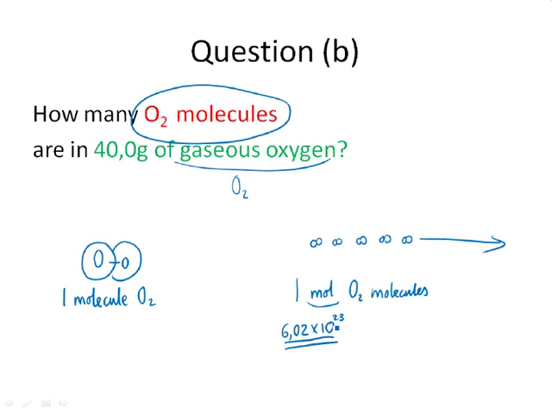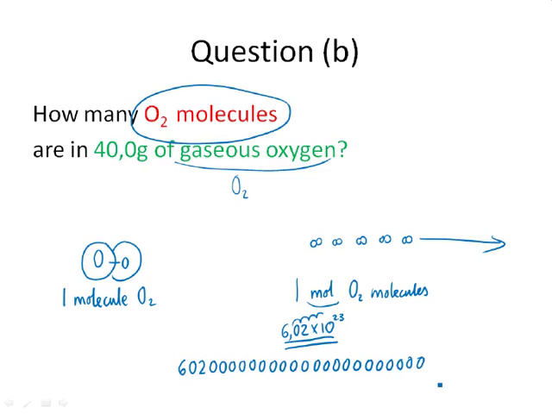Remember that multiplying by 10 to the power something shifts the comma that many times to the right, 23 times to the right, which we can also write as having another 21 zeros after the 602. 1, 2, 3, up to 21.